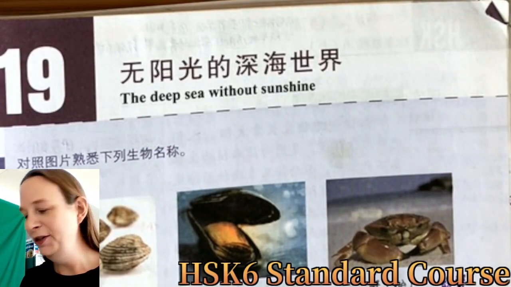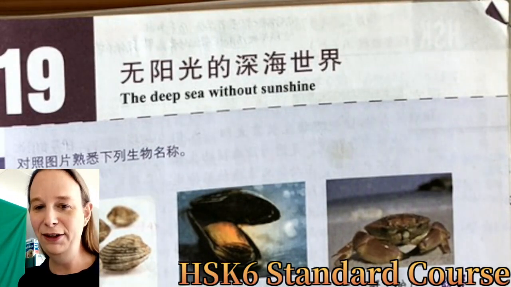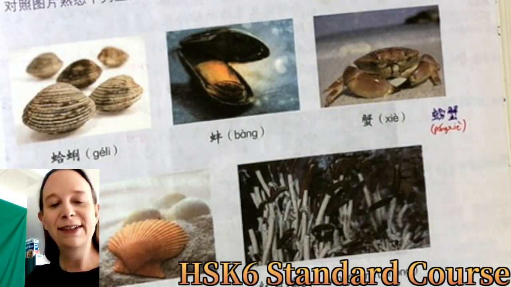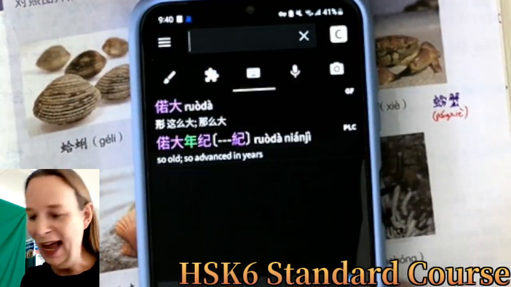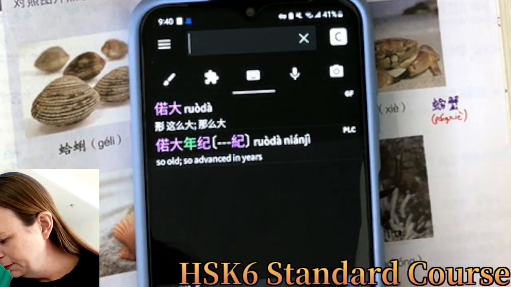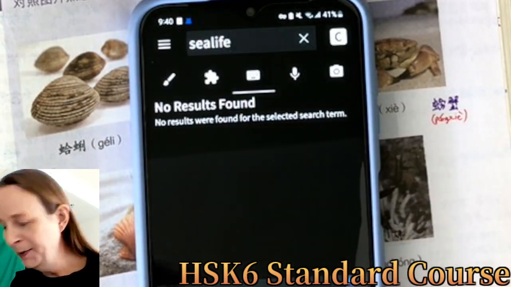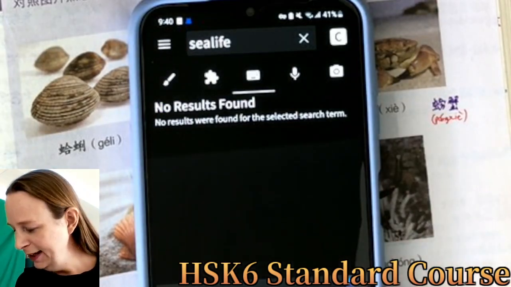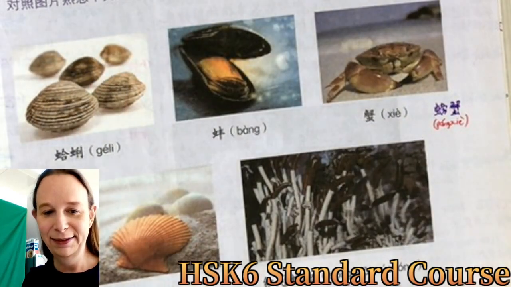The deep ocean with no sunlight. The world they're in. How do you say sea life? 海类 maybe. Sea life. How do you say sea life in Chinese?